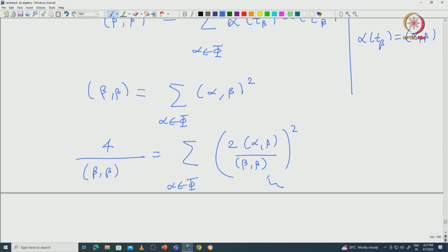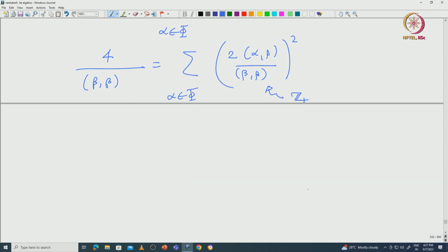Note that these numbers are all integers and these are all non-negative integers. So, in particular you can see that this (beta, beta) is a positive rational number.